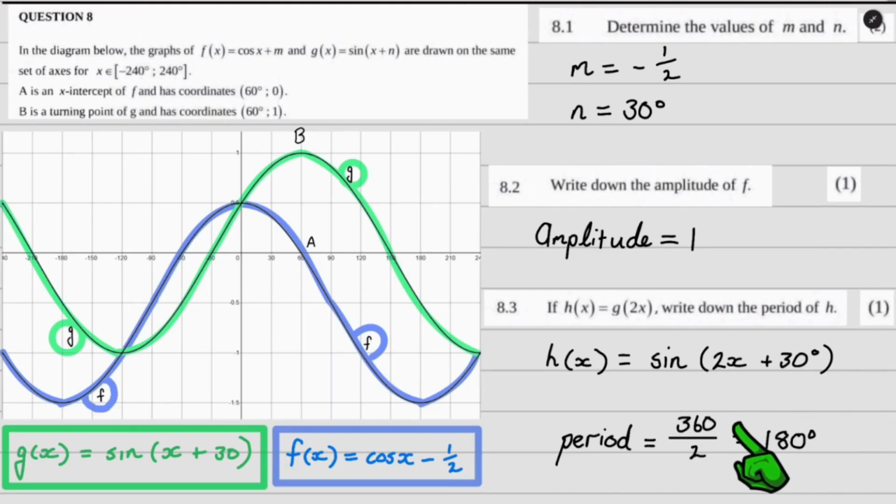My original period is 360, divide that by the number in front of x, and we get the new period of this h of x to be 180. And of course, if they say write down, they want you to do this all in your head and just give them that answer over there. I find I cope better with actually working it out like this, so I kind of ignore this advice. I'll still get the mark for my final answer here.